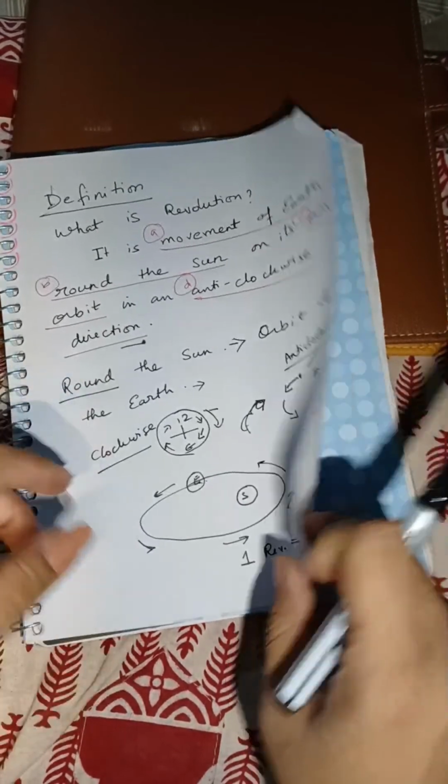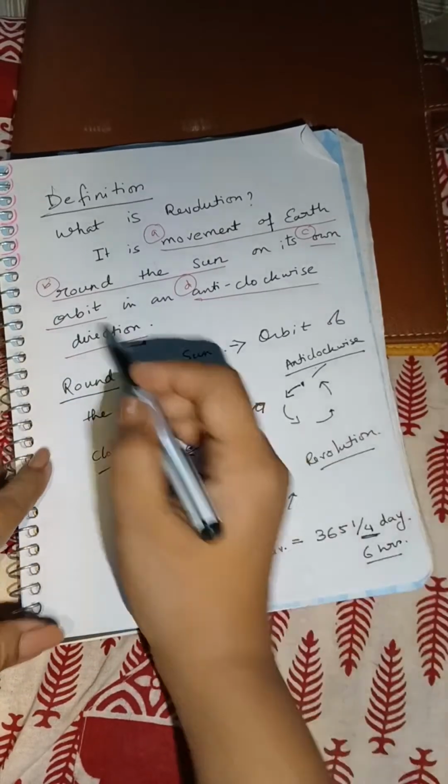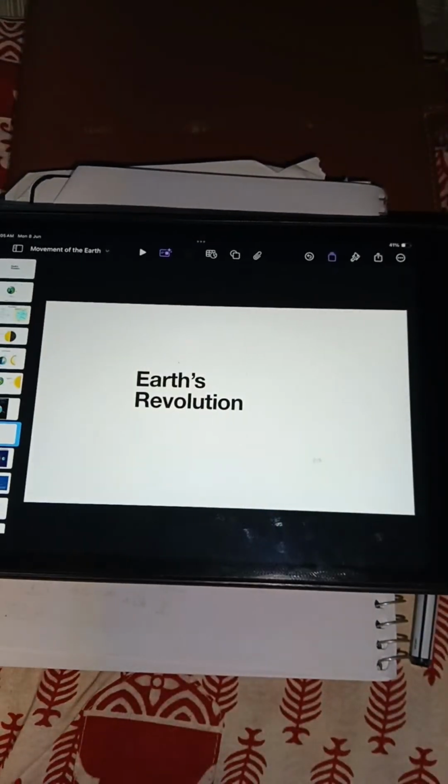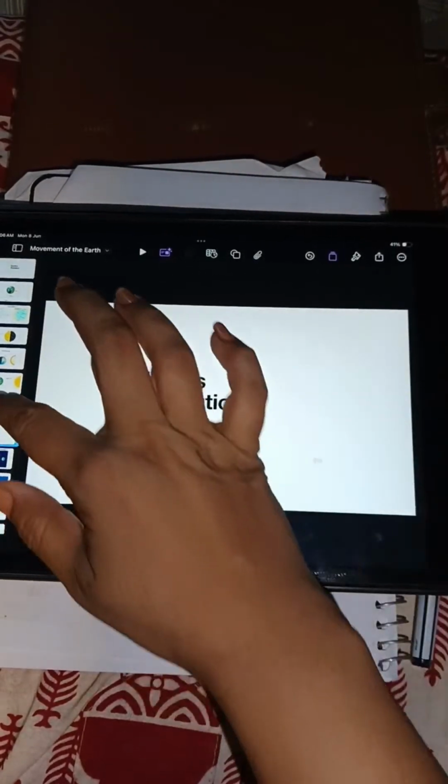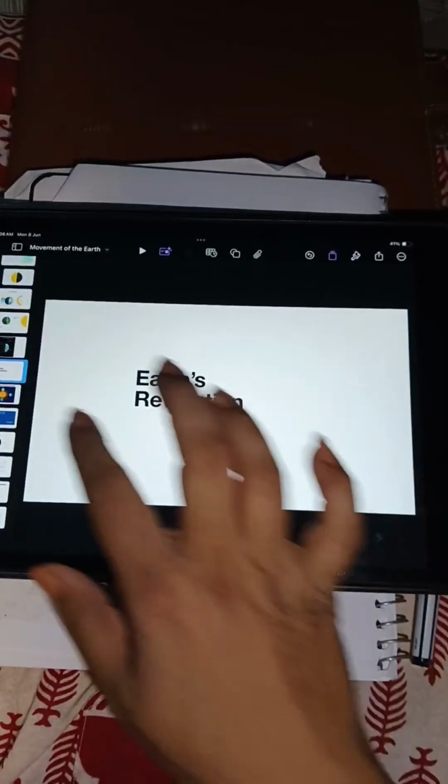So from here we are now discussing the concept of orbit. Before that, let me show you some illustrations so that you will be able to understand it in a very distinct way. So this is Earth's revolution.